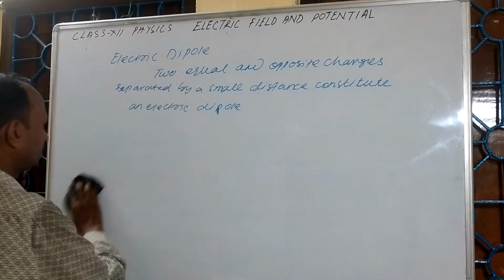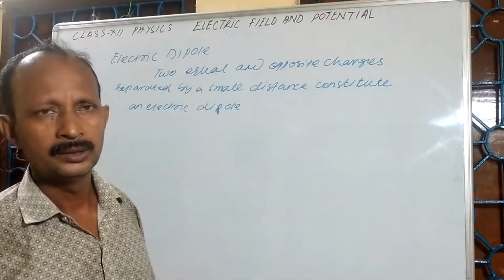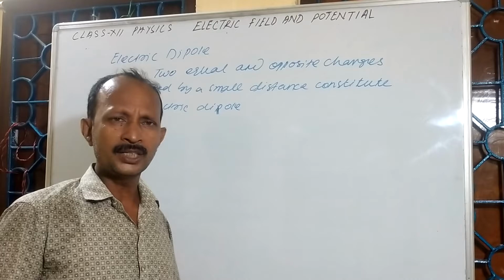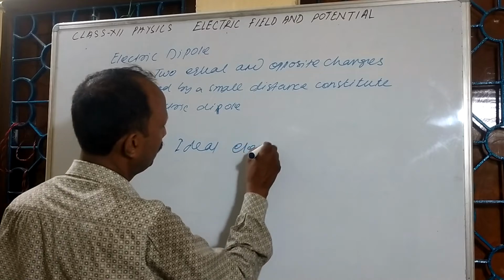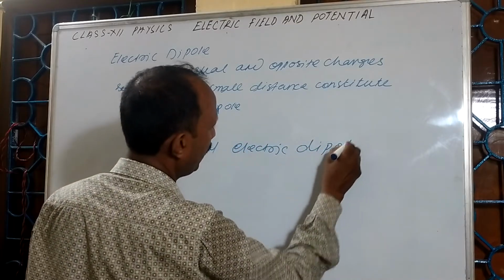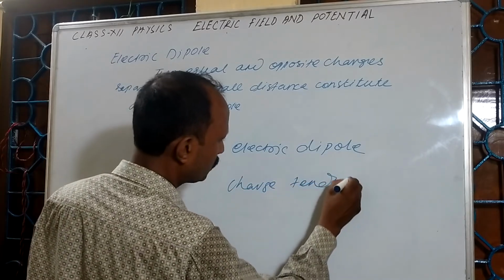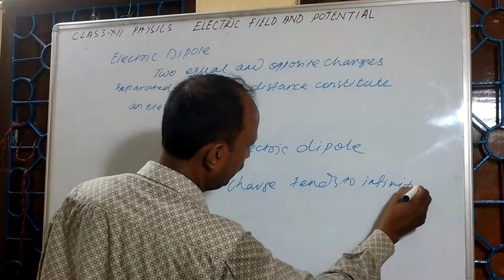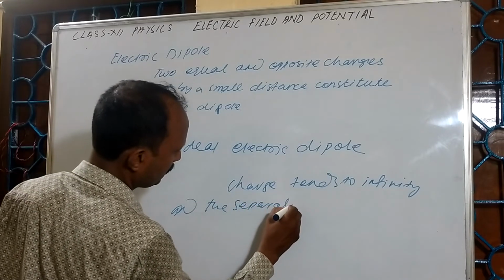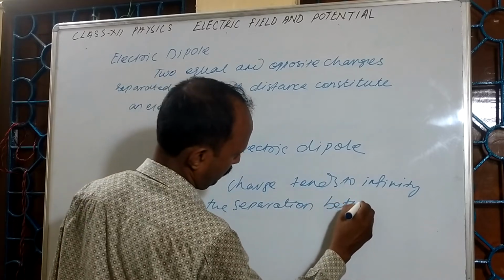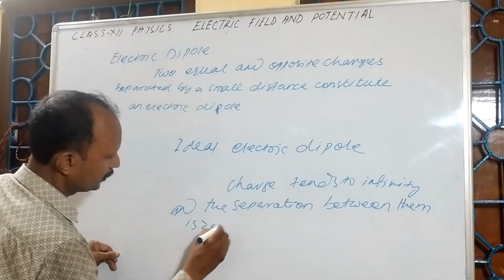So this is about the electric dipole moment. So far as an ideal dipole is concerned, an ideal electric dipole is one in which the charge tends to infinity and the separation between them is 0.